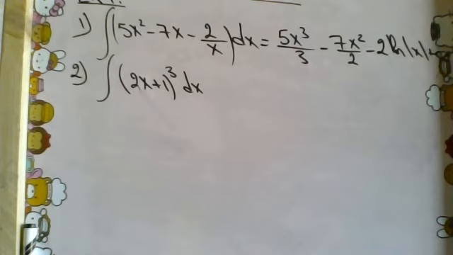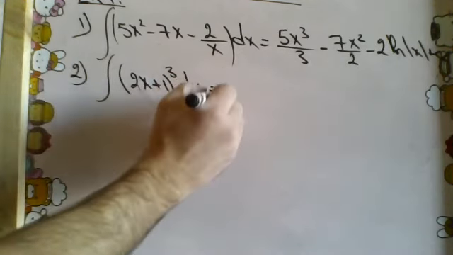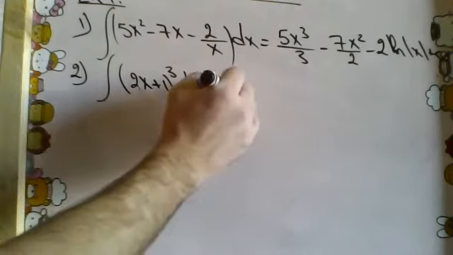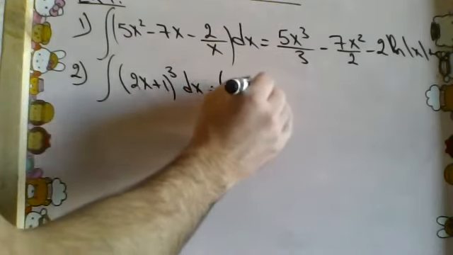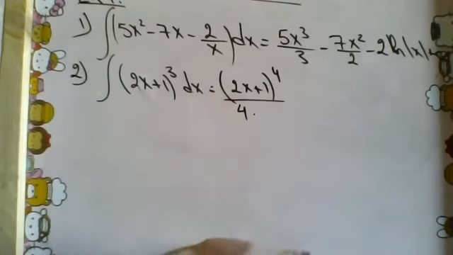3 into 2x plus 1 power 2, this is the antiderivative of 2x plus 1. I'm not asking you about the derivative. 2x plus 1 to the power 4 over 4, and here in the denominator multiply by what?